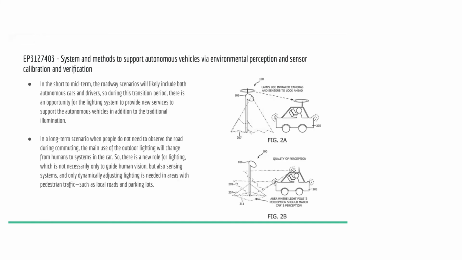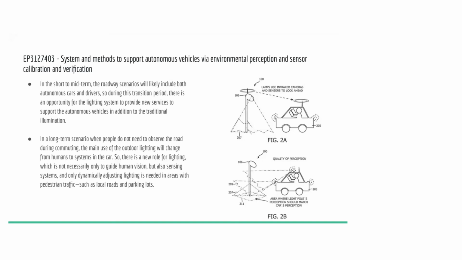Yeah, sooner or later, people will not be required to drive cars at all, and we can even sit on the back seat, and the car will be driven by itself. And in the short and midterm, the roadway scenarios will likely include a mix of cars, not only autonomous cars, but also cars which are driven by a driver.